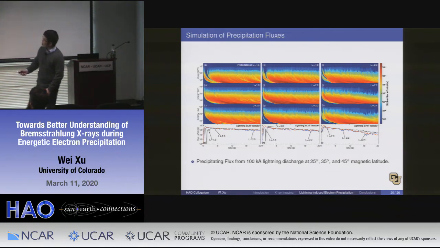Specifically, it shows the flux of precipitating electrons at different L values as a function of time and energy, as produced by a lightning discharge at 25 degrees latitude. The middle and right columns show the same results, but produced by lightning discharges at 35 and 45 degrees latitude. The bottom panels show the integrated fluxes.